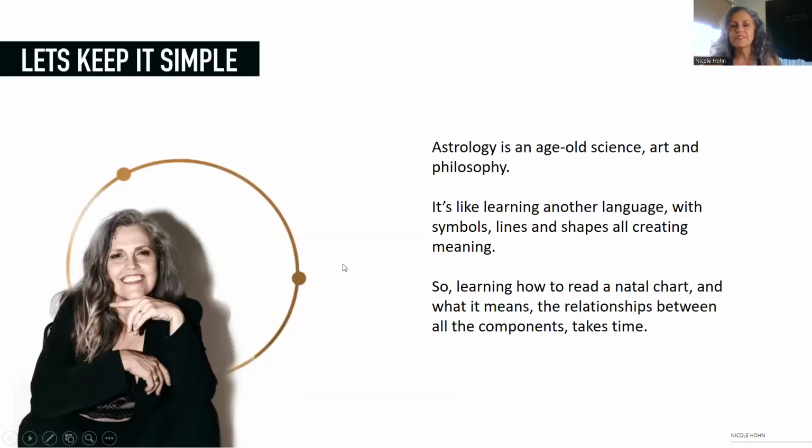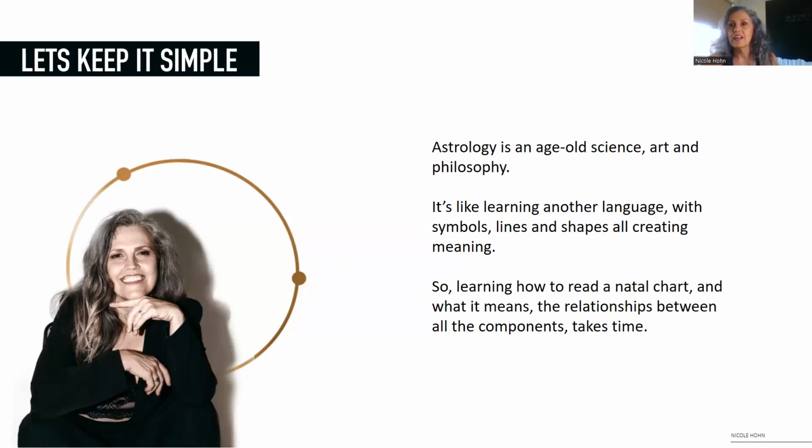Now, I want to keep it simple because there is a lot of complex themes and complex elements to reading a chart, but we're just going to start with the basics today. So, astrology is an age-old science. I believe it's a science. It's also an art form, and it is a philosophy as well.